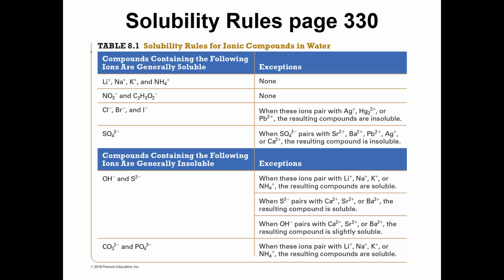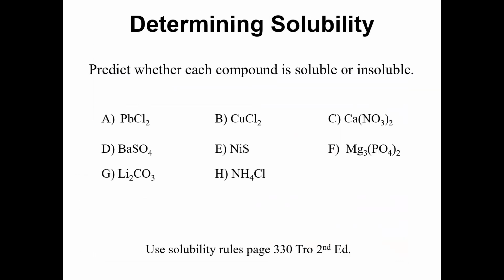So here we have the soluble ones with exceptions. Here we have the insoluble ones. So they have those four. They lumped hydroxides and sulfides together because they have the same exceptions. And they lumped the carbonates and phosphates together. Okay, so let's take a look at certain compounds and use the solubility rules.